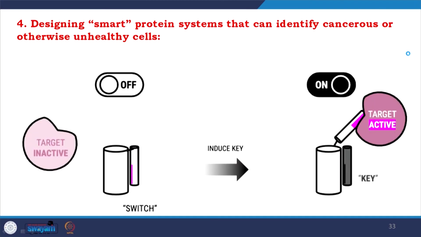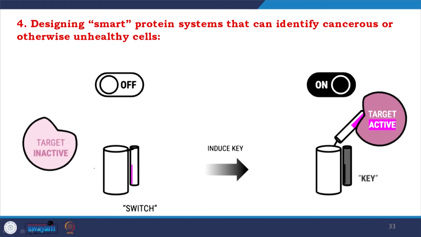Designing smart protein systems that can identify cancerous or otherwise unhealthy cells. So, you have to identify. So, they have switches where you keep the interactions.